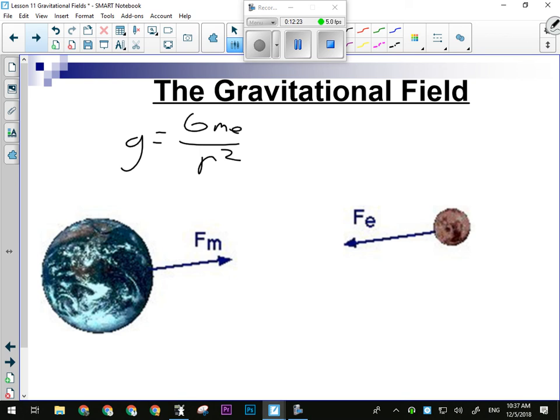There's a tipping point, and NASA, whoever's sending the ship to the moon, needs to know where that tipping point is, because if they're continuing to accelerate when they get into the point where the field of the moon is greater, the rocket will accelerate away rapidly, and we don't want that. We want to slow down as we approach the moon, and land on its surface or go into orbit around it safely. So we have to know where that tipping point is. Gravitational field strength is dependent, again, exponentially on radius, or separation distance.